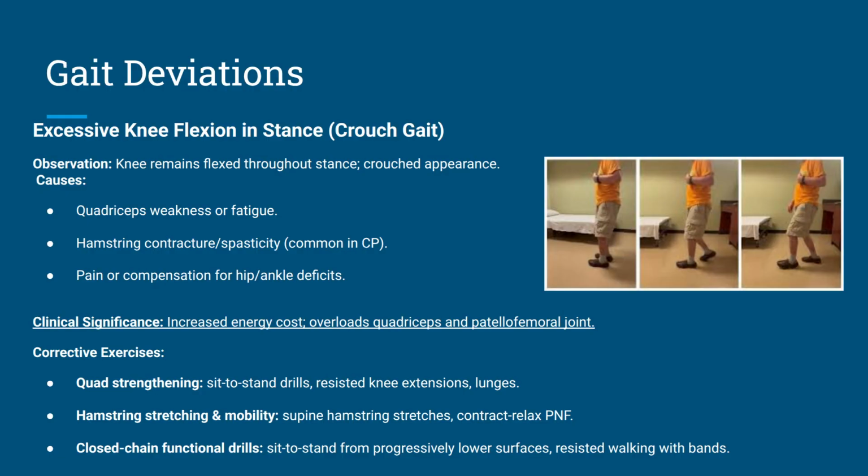It never reaches near full extension, and it creates a crouched or squatting appearance. You'll often see this bilaterally in neurologic populations, but unilaterally with pain or fatigue.